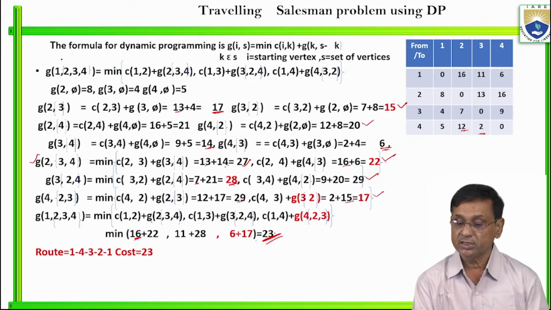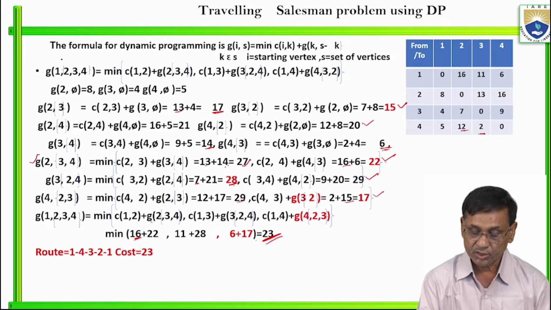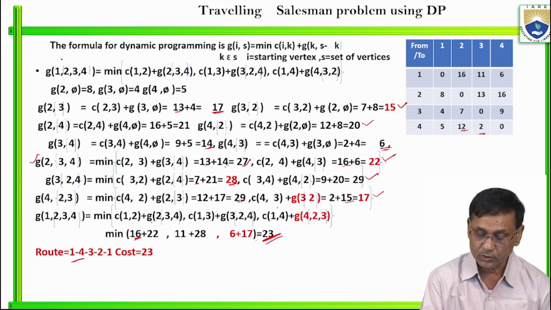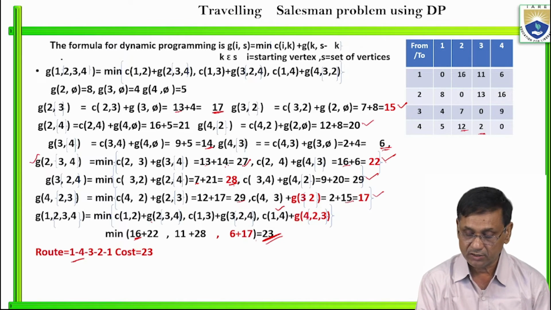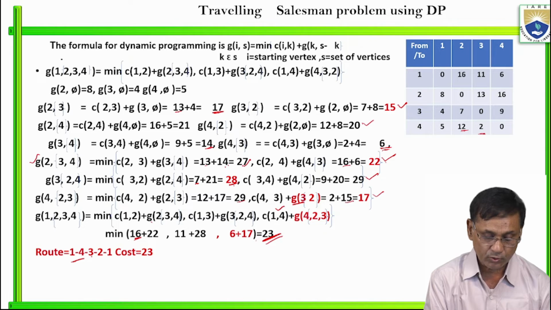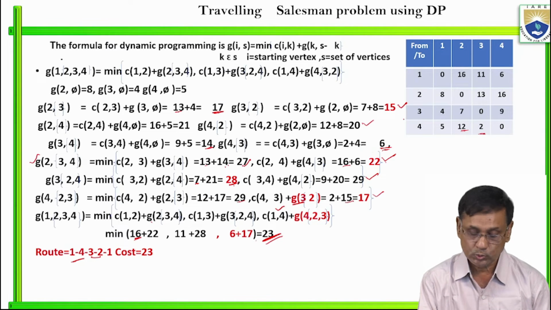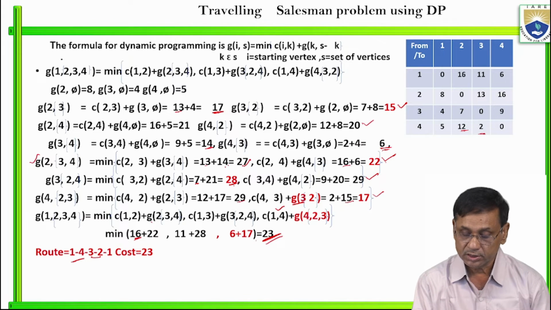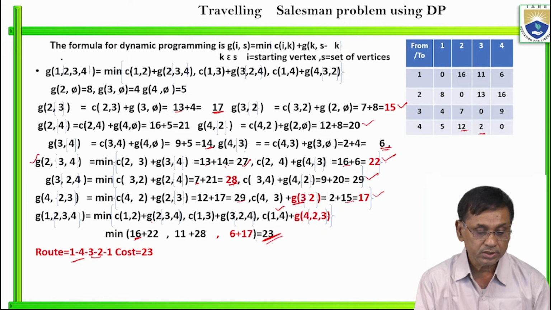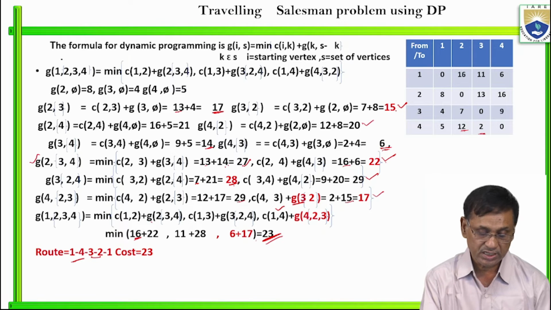So this cost 23 corresponds to going from 1 to 4, that is g of 4 comma set of 2, 3. In this, the minimum is this one. That means 4 to 3, 3 to 2, and then we can write 2 to 1. So 3 to 2 is from here, that is 15.